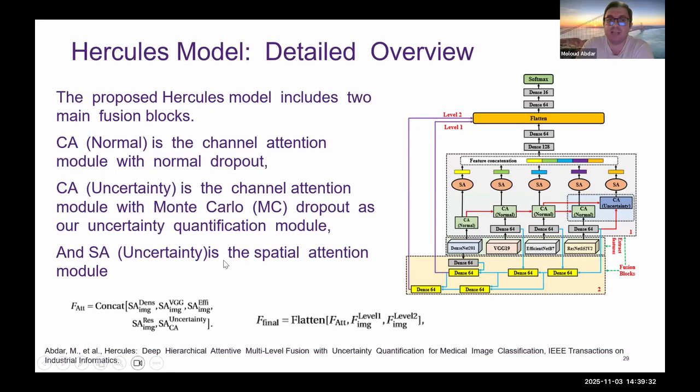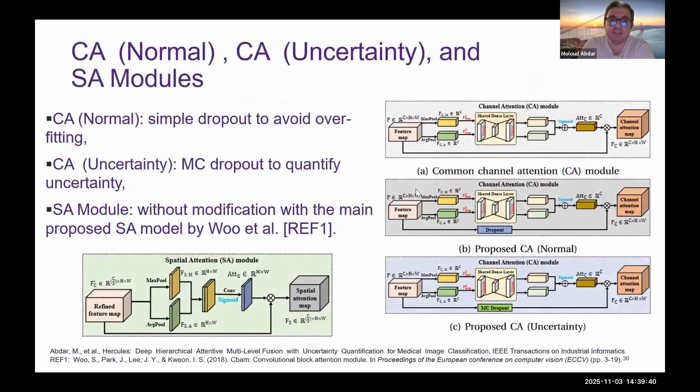And finally, SA, which is spatial attention, added into the model in all the layers. These are the details of the channel attention, the normal one, with dropout and with Monte Carlo dropout.